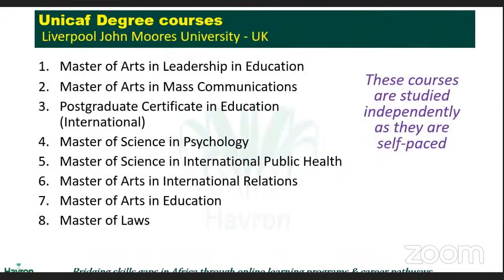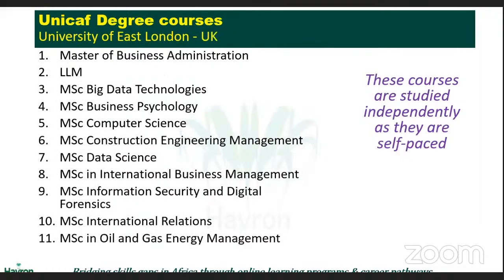Now, apart from that, we also have degree courses. We have masters, we have bachelors. So still from UNICAF, we have Liverpool John Moores, that's UK. These are their respective courses that we host, and there are scholarships passing through us.